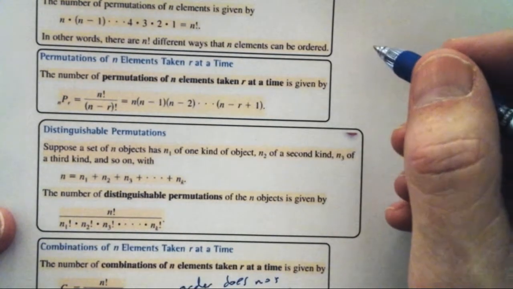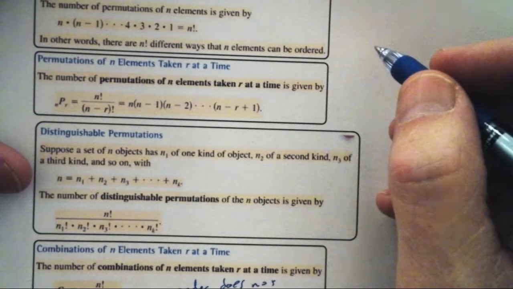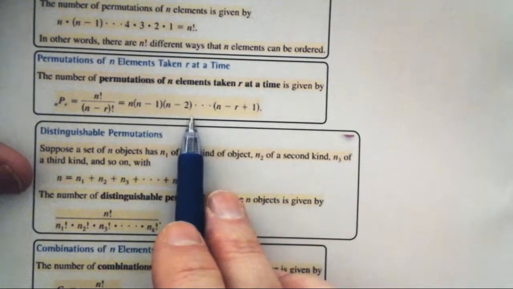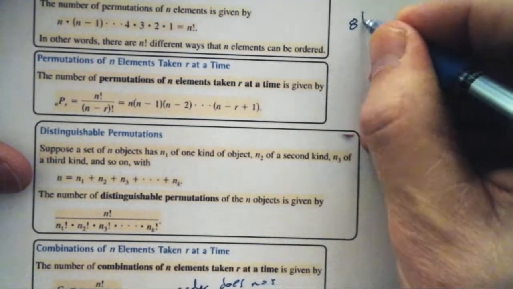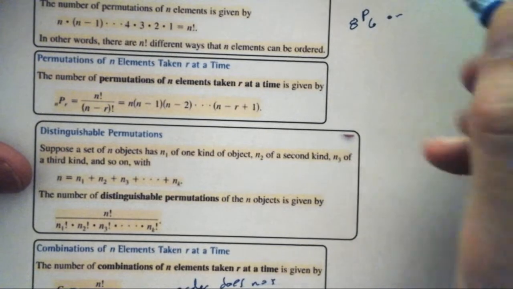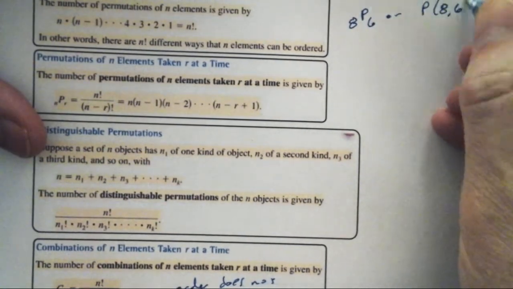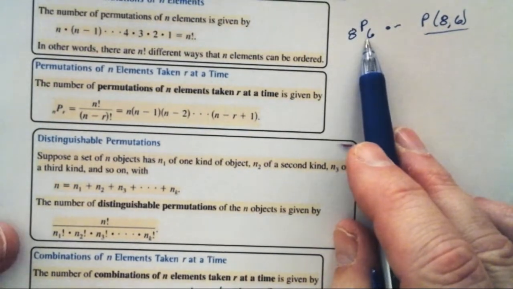let's say we're selecting 6 out of 8 students, and we're going to put them in an order. We're going to make the order matter. That's going to look like this. That would be 8P6, or it could be written P86. This is usually what I fall back on, but the calculator really likes it this way.